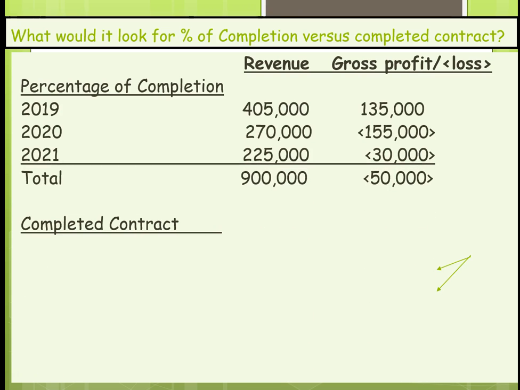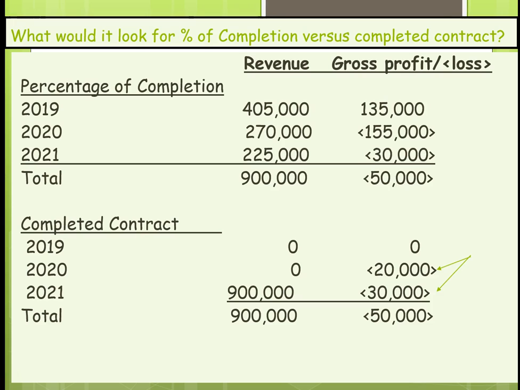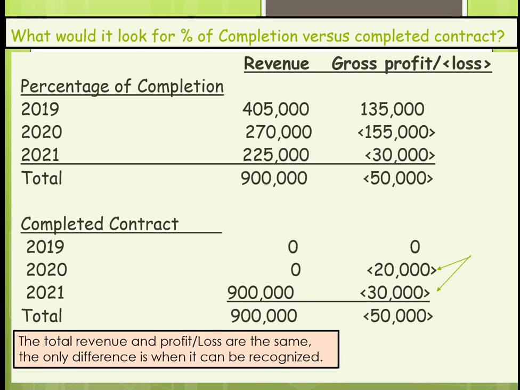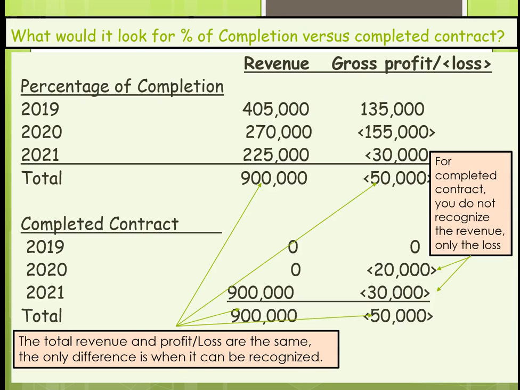So for percentage of completion, we would book the revenue and then book the loss each year. But for completed contract, remember, no revenue, only the loss. So don't forget that, and that ends the last section for revenue recognition.